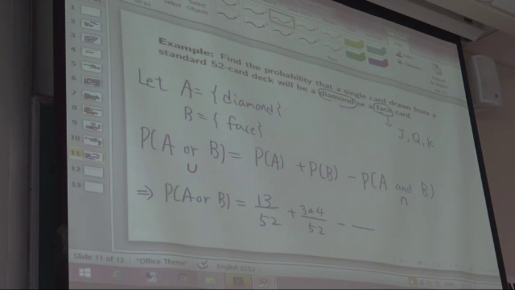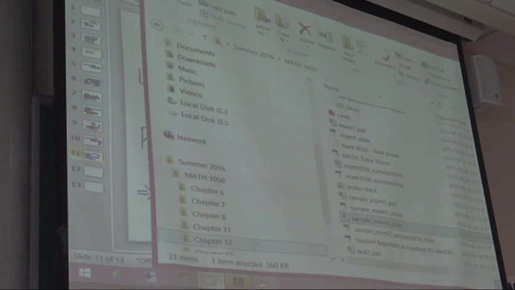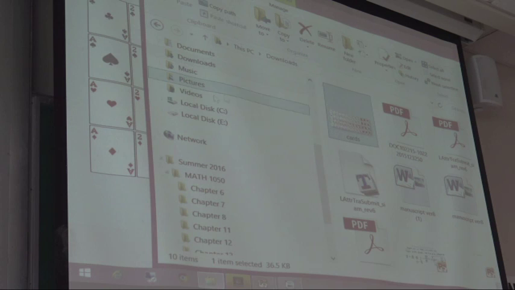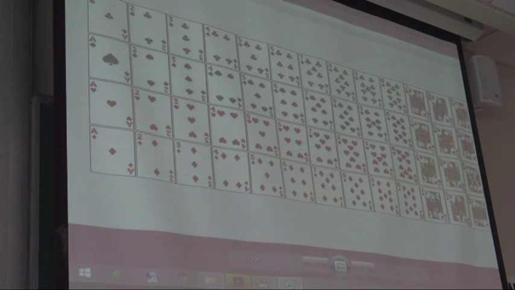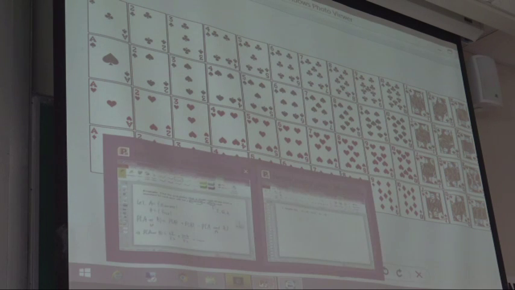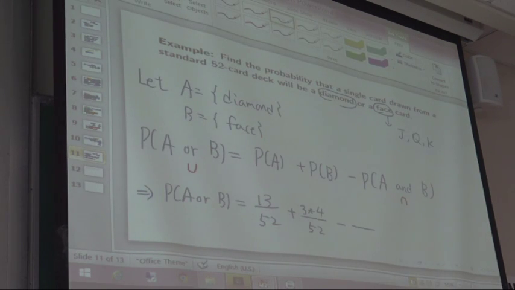So the diamond and the face, how many? These 3 are the diamond and face: J, Q, K. So that's 3 over 52.